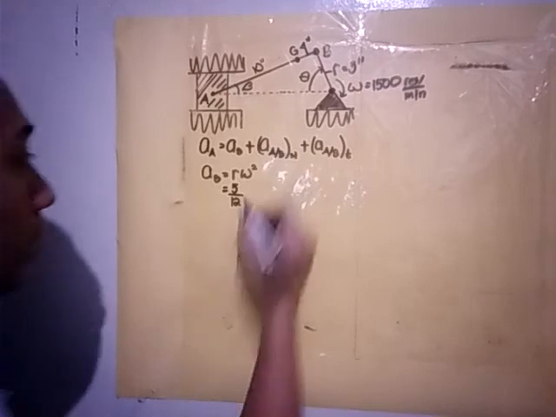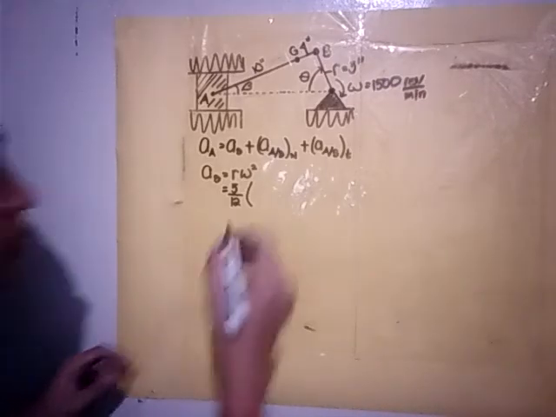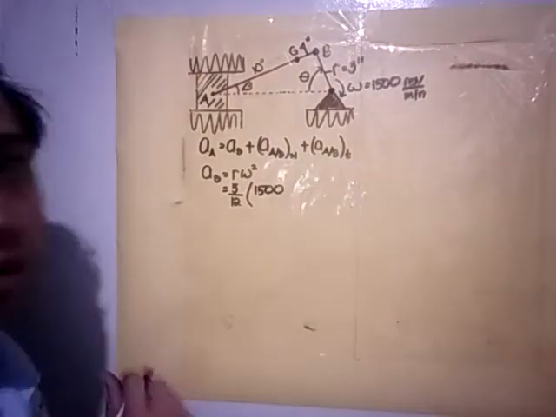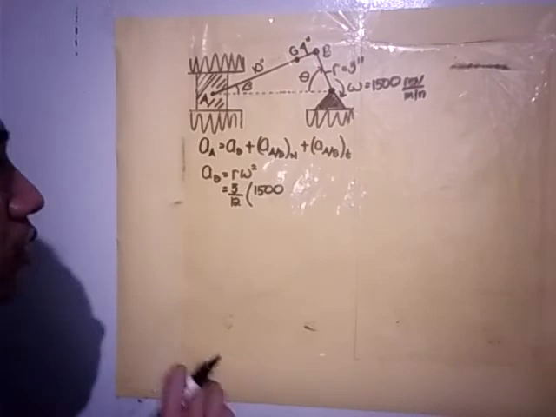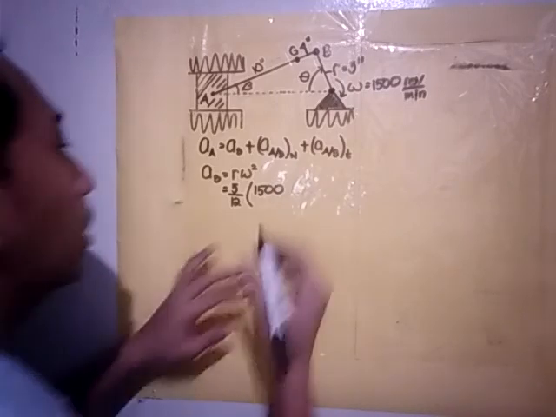Then I multiply it by our angular velocity, which is the crank OB at 1500 revolutions per minute. It is in revolutions and I need radians, so I'll convert it to radians per second.